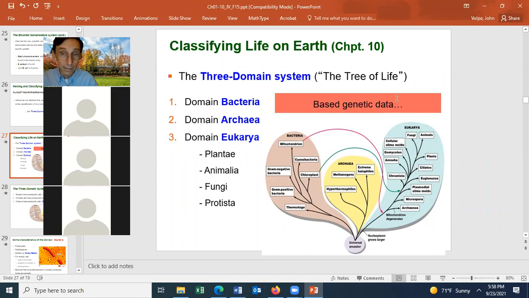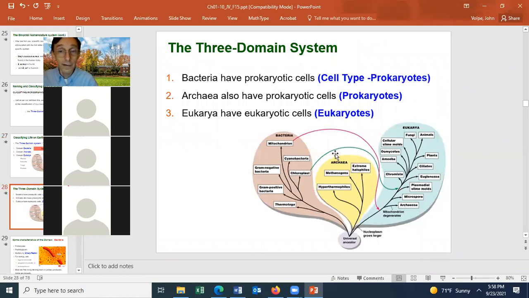And then you divide the prokaryotes into the archaea and the bacteria. Okay, so just know that there are cell types or super kingdoms, and that there are two, the prokaryotes and the eukaryotes. Any question about any of that?